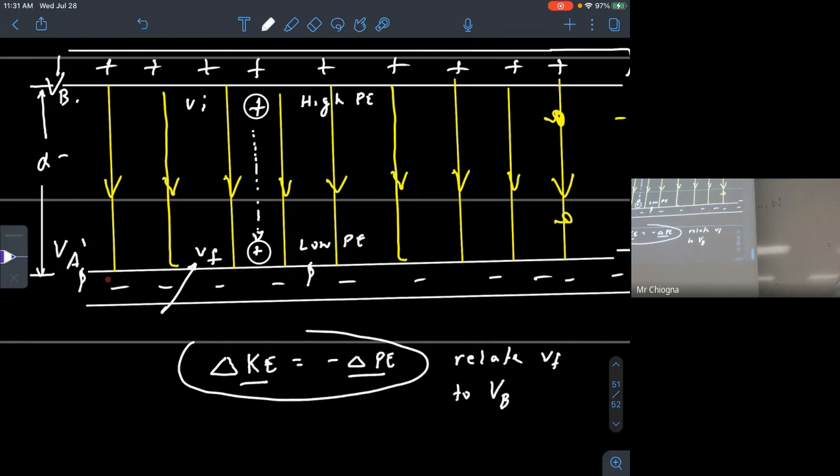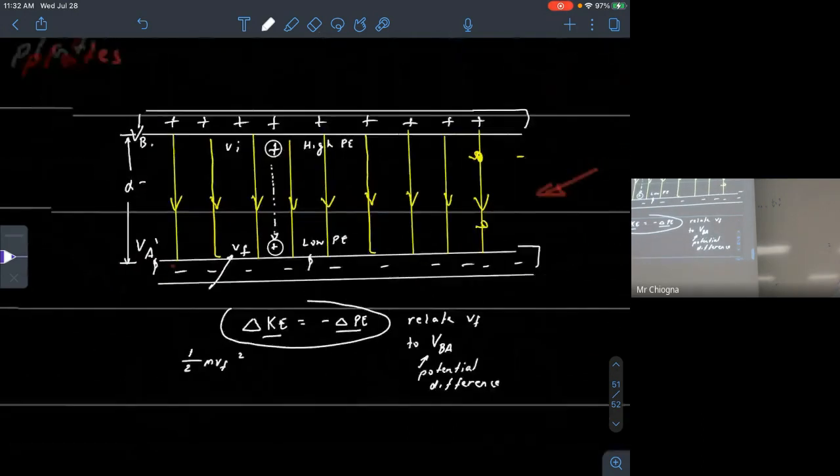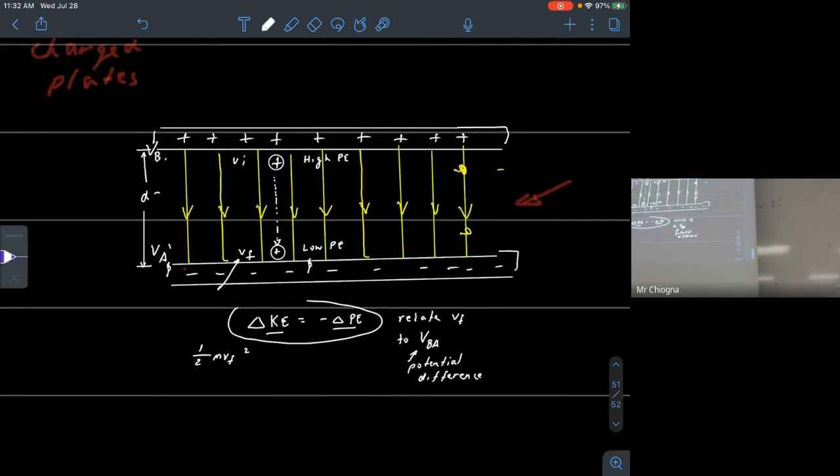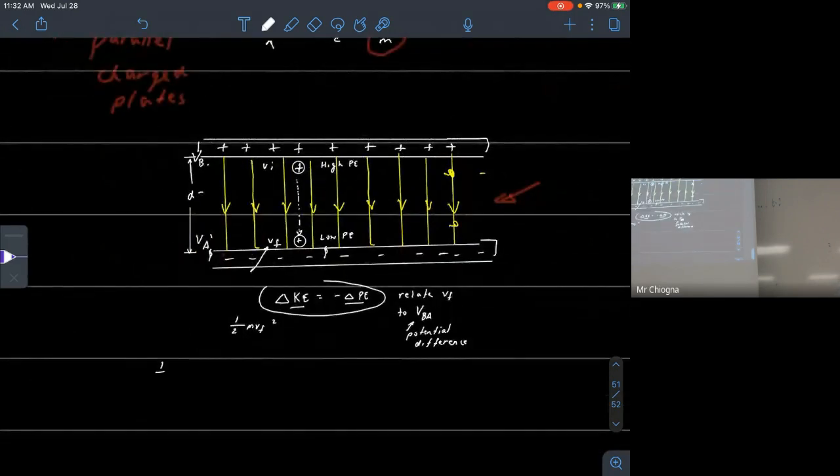VBA is not a speed; it is potential difference. Kinetic energy: what does triangle mean? It means final minus initial. I made this too small, so I'll write it over here. Final minus initial.